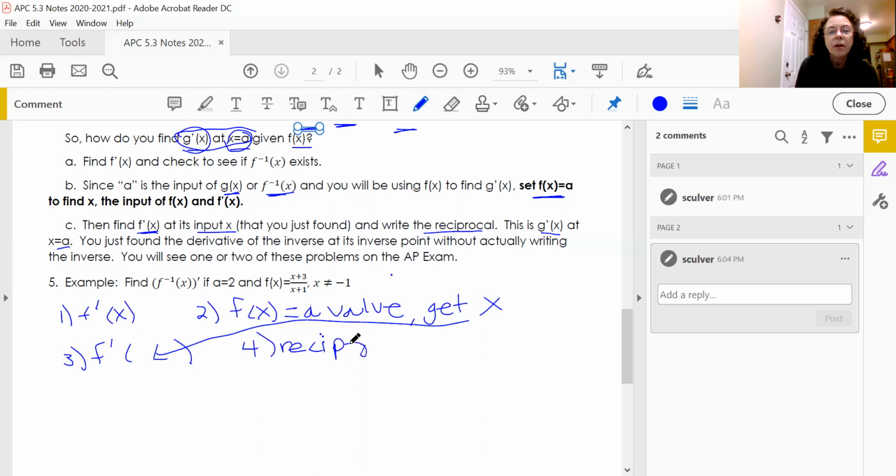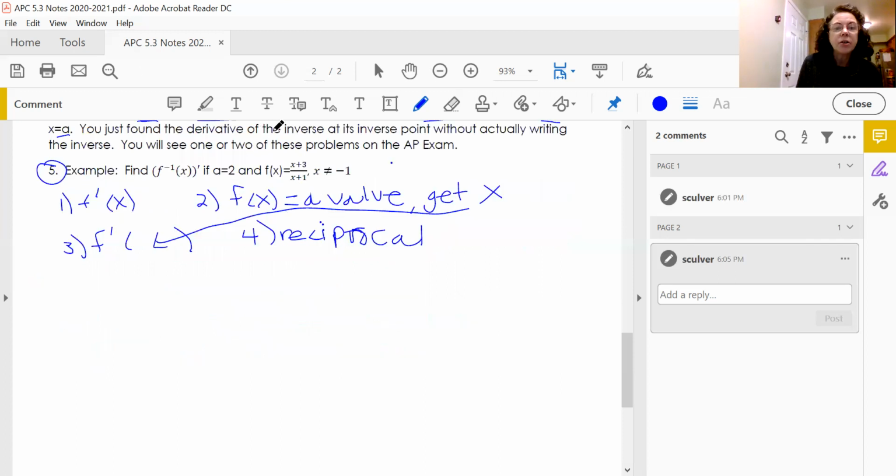Okay, so here we go. Example 5: find the derivative of an inverse function if a equals 2, that's the input of the inverse, and f of x equals (x plus 3) over (x plus 1), where of course x can't be equal to -1 because the denominator would be 0. Now, can you write the inverse of this function and take the derivative of it?